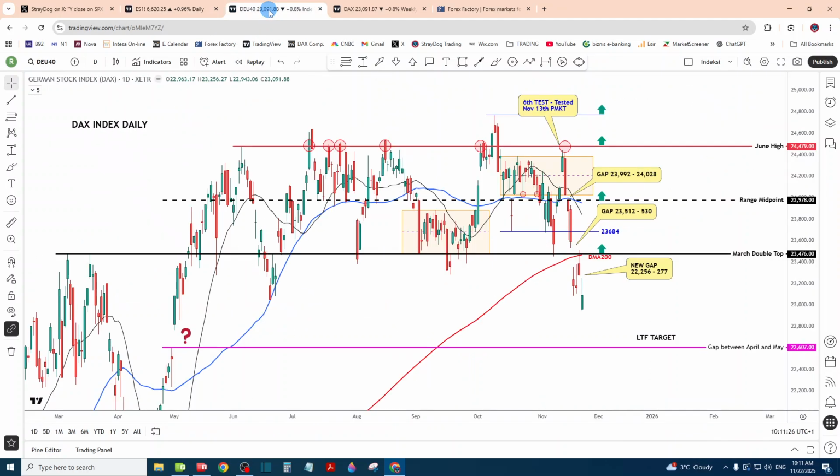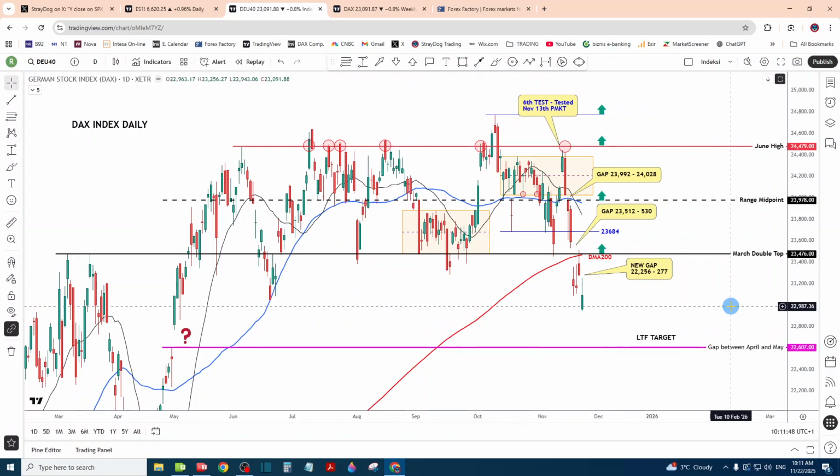Let's go on the DAX now, and here is the DAX index daily chart, in which we can observe that this week we got a breakdown of this range, which is actually a 6-month range, and on the way back the low end of the range together with the daily 200 served as resistance.